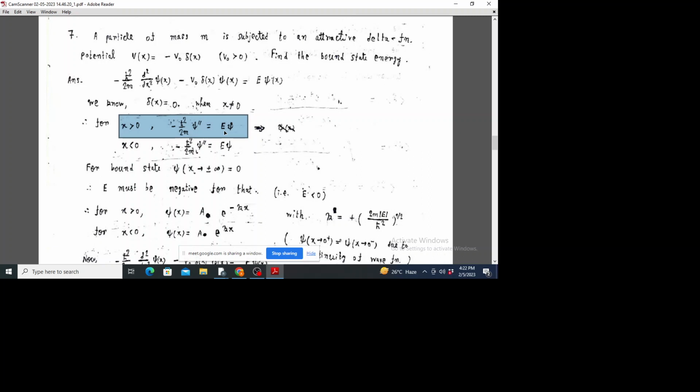And E equal to 0 is also problematic because that will give us a solution linear in x, and that will not be a bound state. So the only possibility is E less than 0. So I have just reiterated your point in a different language. For this to have a decaying solution at infinity, E has to be less than 0.